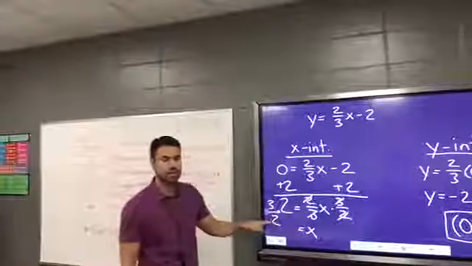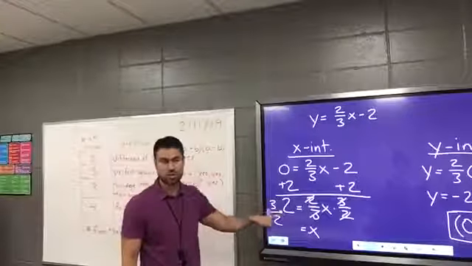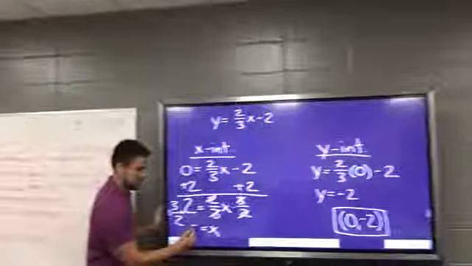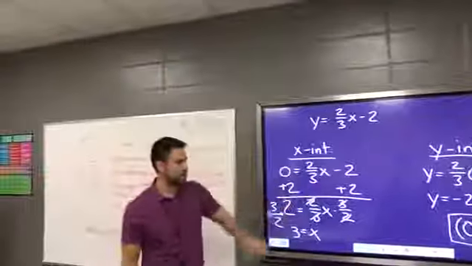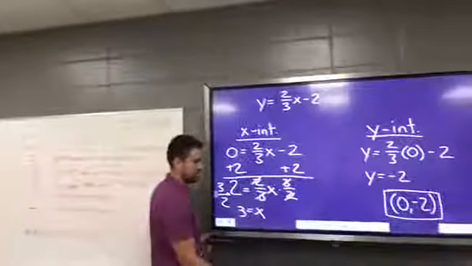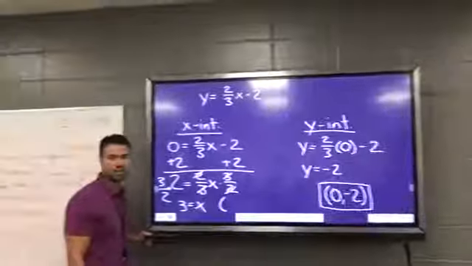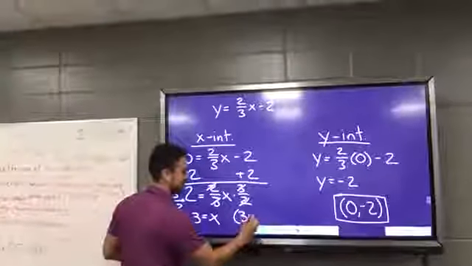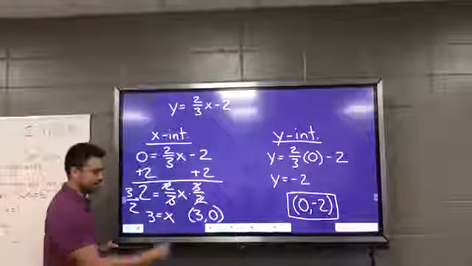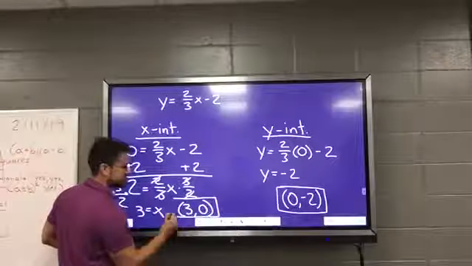And then what's this right here? Isn't that like 6/2, which equals 3? What's the ordered pair for the x-intercept? Say it carefully and correctly. 3, 0. 3, 0 is the x-intercept.